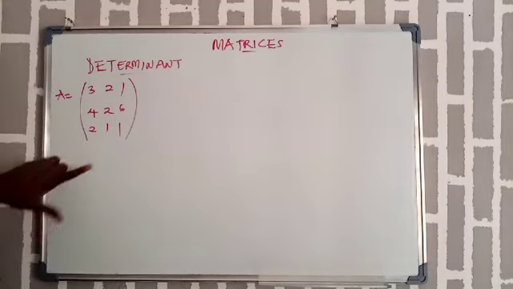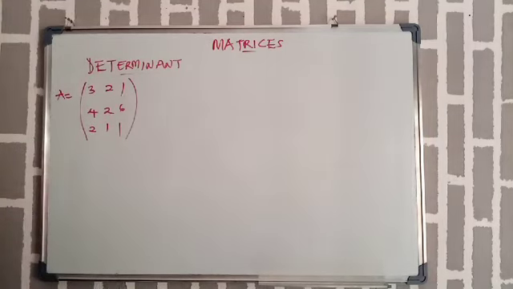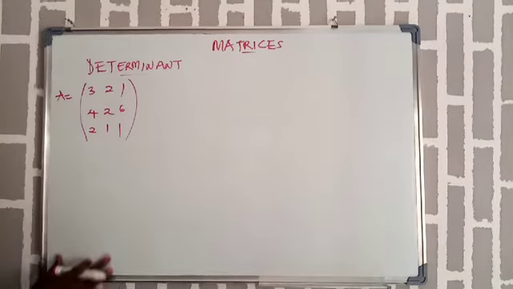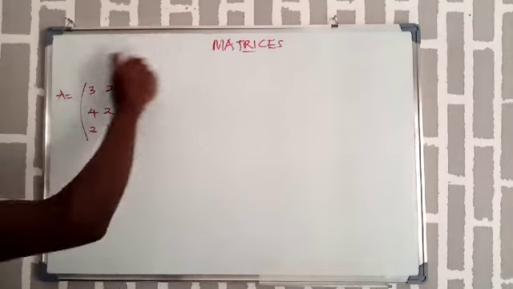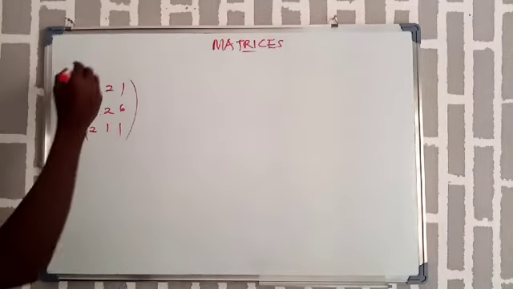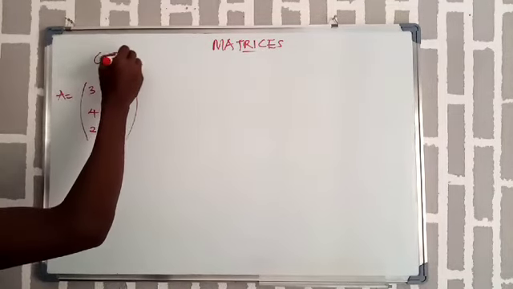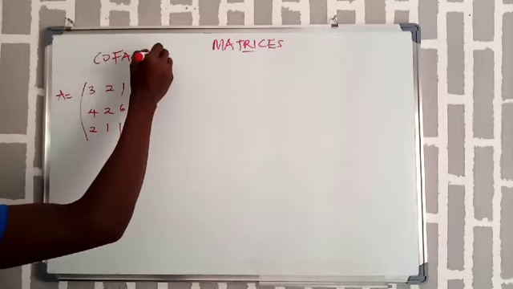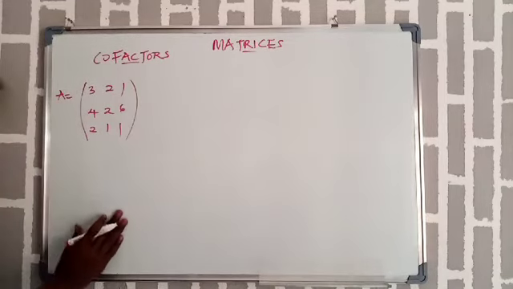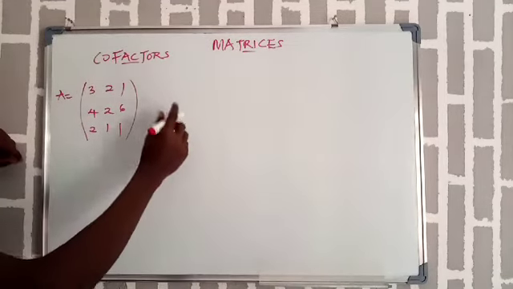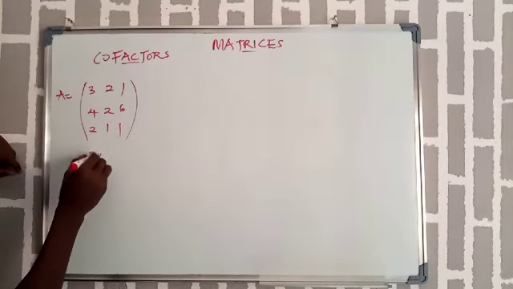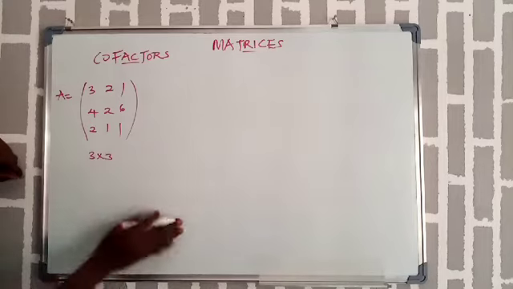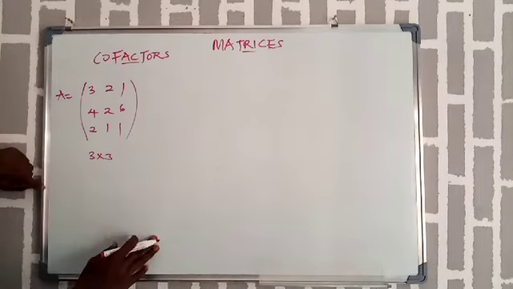We are asked to find the cofactors of the elements of this matrix. The cofactors will wipe out determinant. Also given another, we are going to equate this 3 by 3 matrix with another 3 by 3 matrix so we can find the cofactors.